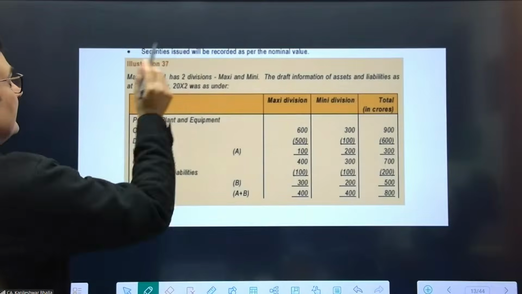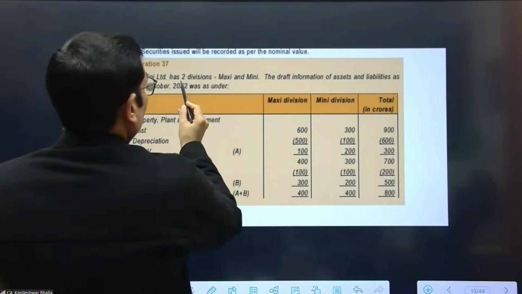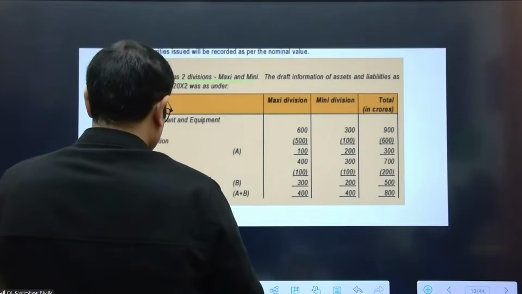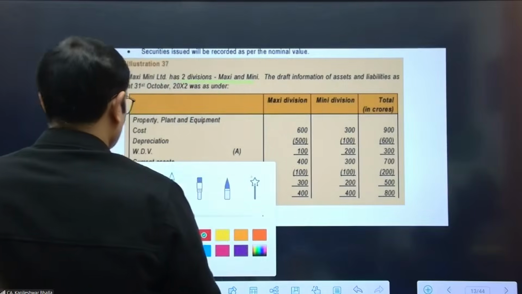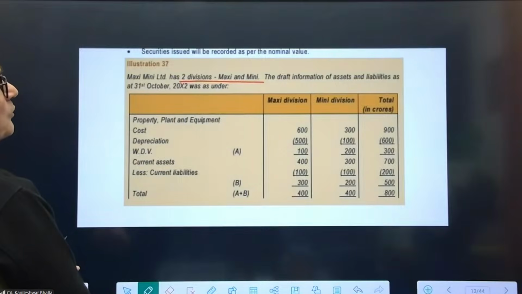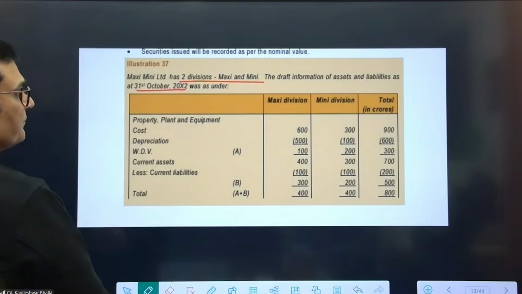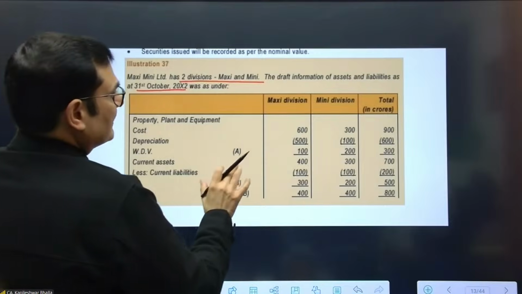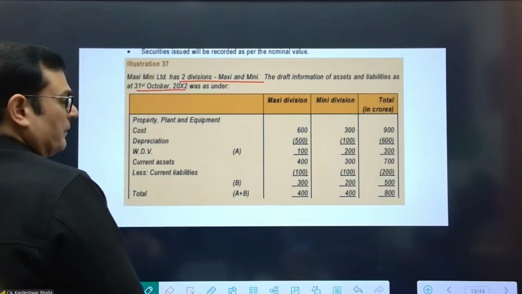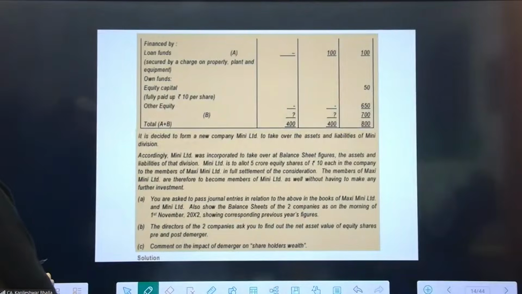So I am given in illustration number 37, it says Maximini has got two divisions, Maxi and Mini. So he's got two divisions, one is Maxi and one is Mini. The information about the assets and liabilities on 31st October X2 is given. So we're given the details for the Maxi and the Mini division on a separate basis. We don't need anything further at this stage.